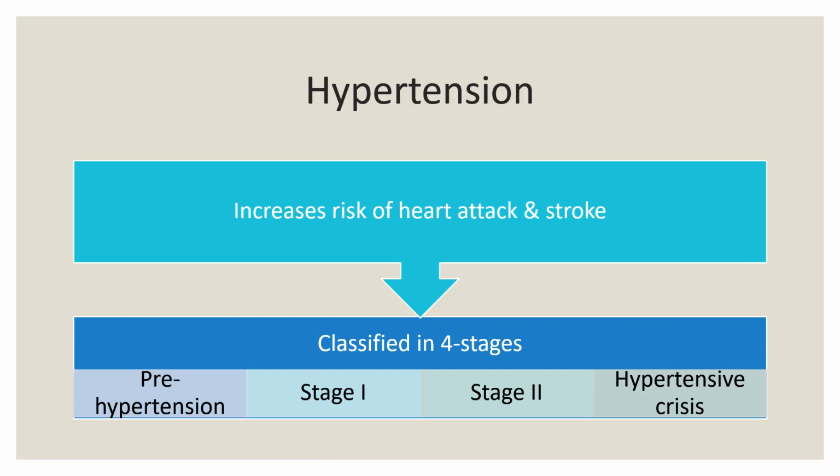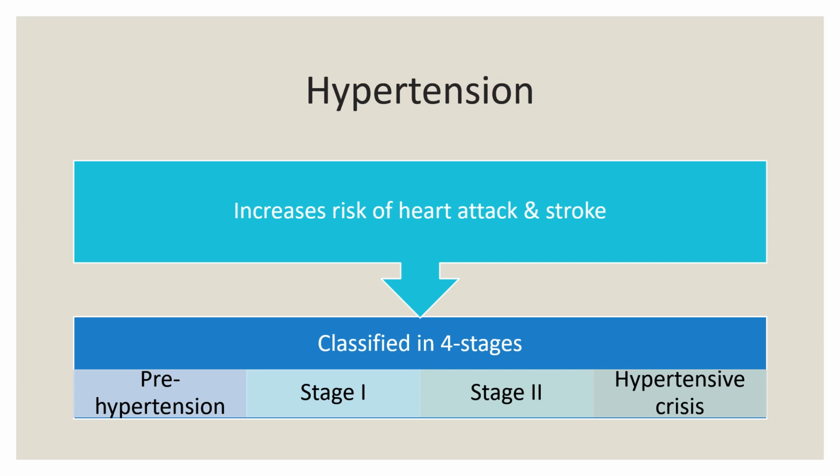Hypertension is classified into 4 stages: prehypertension, stage 1 hypertension, stage 2 hypertension, and hypertensive crisis. Prehypertension, systolic is 120 to 129 and diastolic is less than 80. Stage 1 hypertension, systolic pressure is 130 to 139, or the diastolic pressure is 80 to 89.